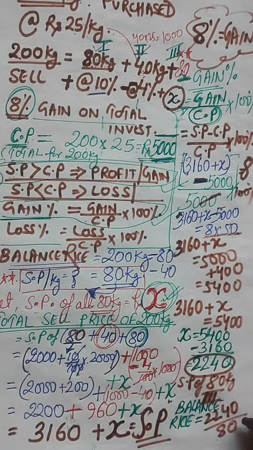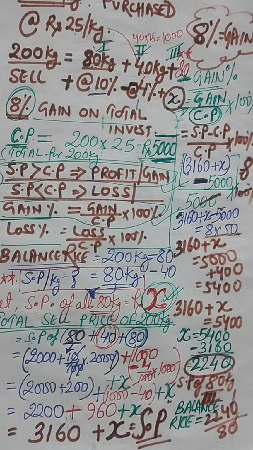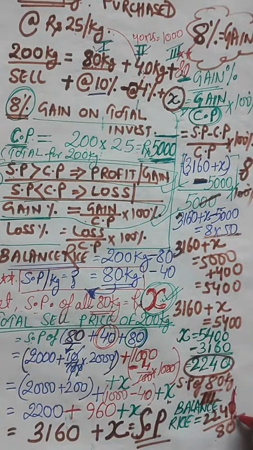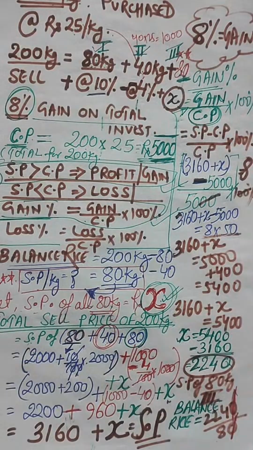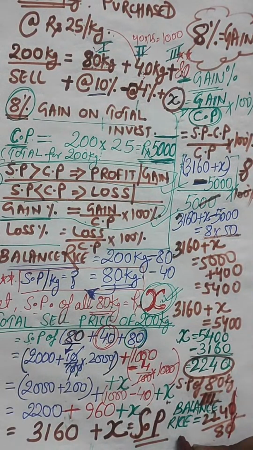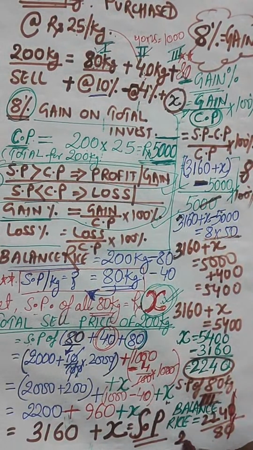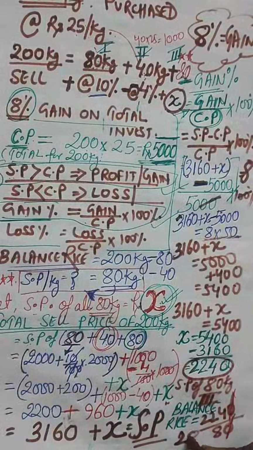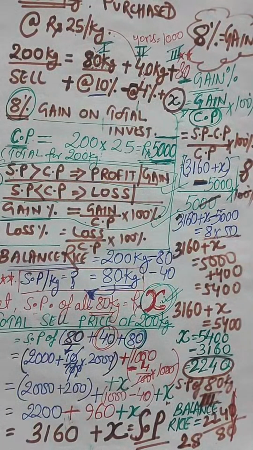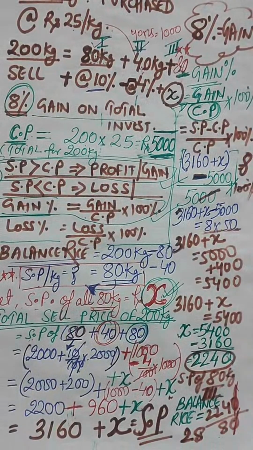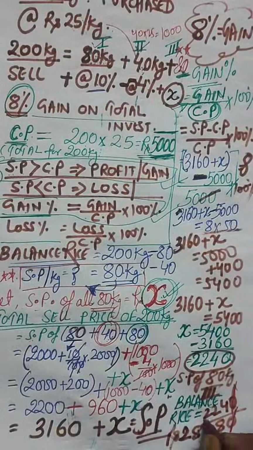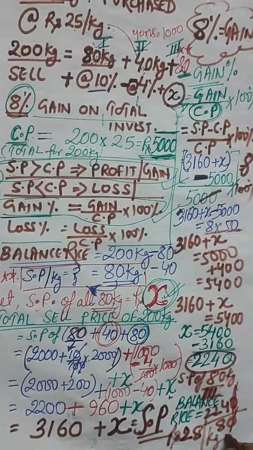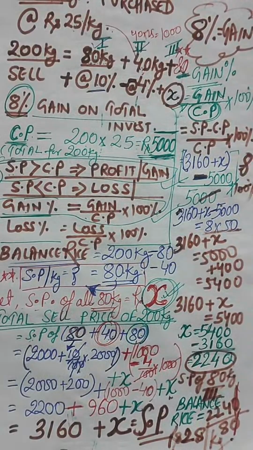So this 0 and this 0 will be cancelled out, and we are left with 224 by 8. So which will give you 8 2s are 16, 8 8s are 64. So 28 rupees per kg should be the rate of the balance rice.